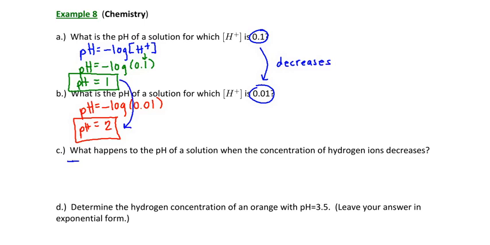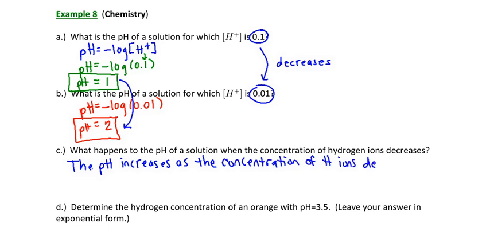So we can say the pH increases as the concentration of hydrogen ions decreases. So the fewer hydrogen ions that are present in the solution, the more basic the substance is going to be.